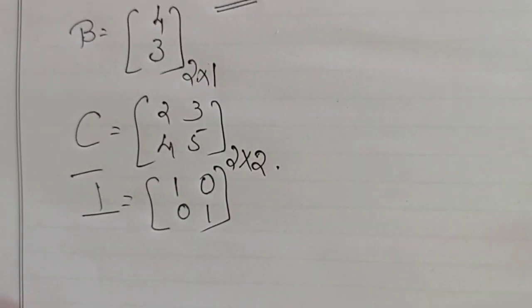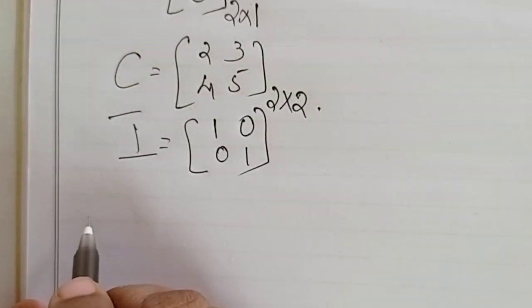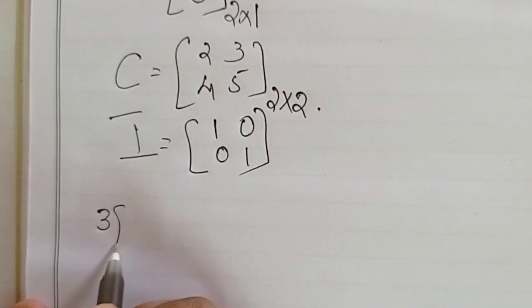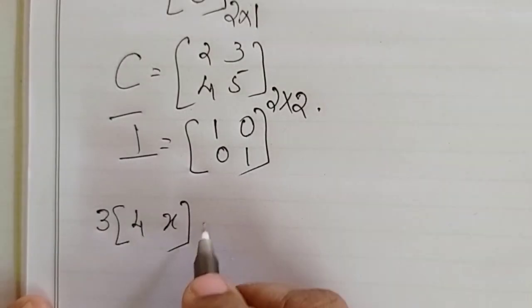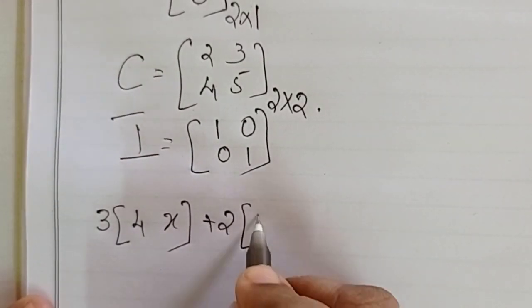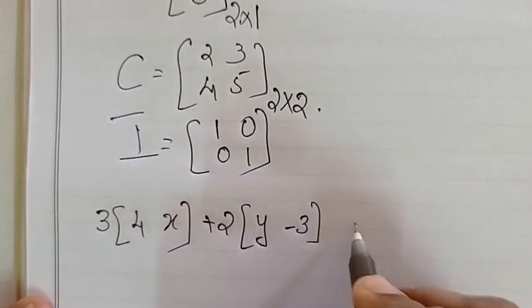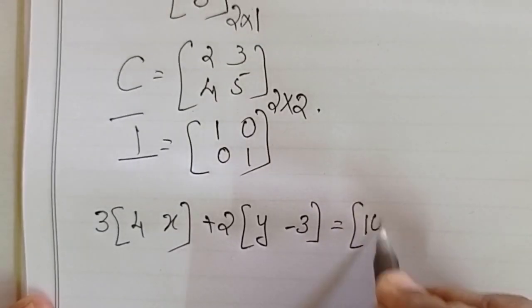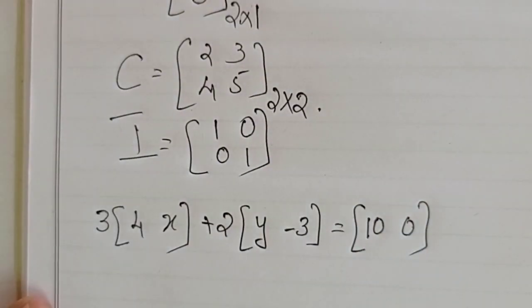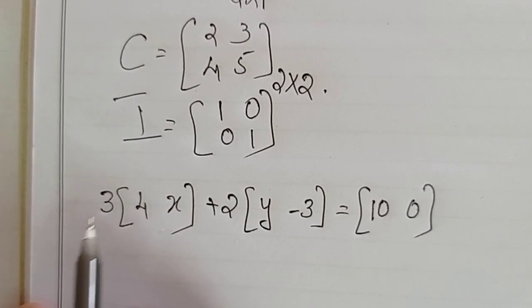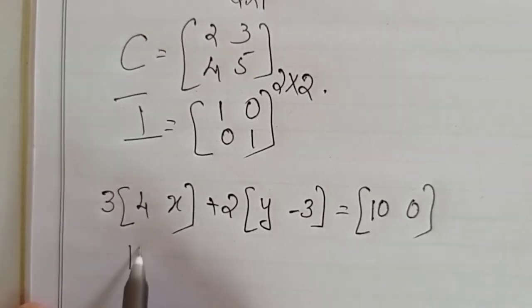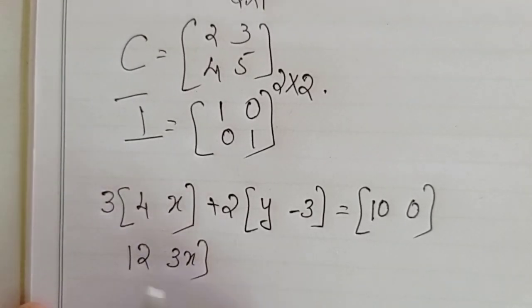Okay. Then here the question is, you know the question, 3 into [4x, 2], this is a row matrix, plus 2 into [y, -3] equal to the answer given [10, 0]. Then multiply by 3. When you multiply by a scalar, multiply each element of the matrix. 3 4s are 12, 3x.